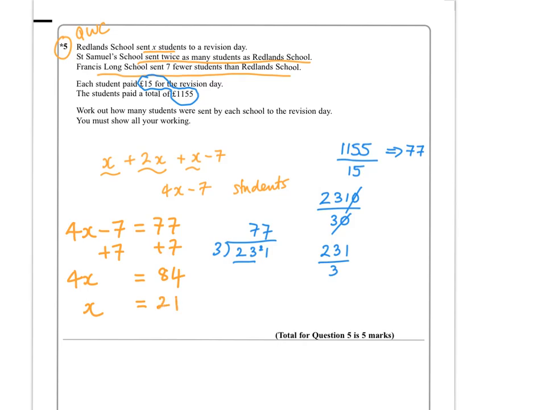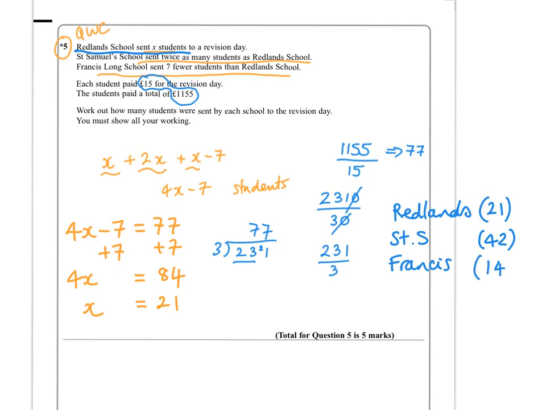So we know in the Redlands school, x is 21, so we can write that here. So Redlands, 21. Then the St Samuel's school will be twice as much, which is 42. And the Francis Long school will be x minus 7, which is 14.